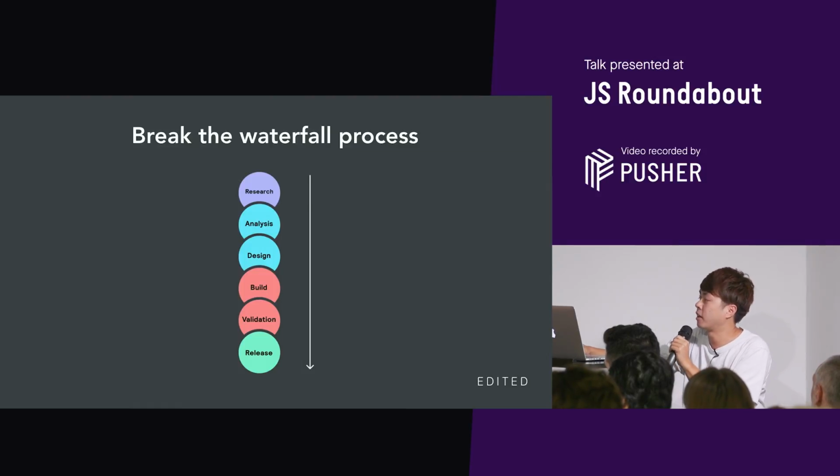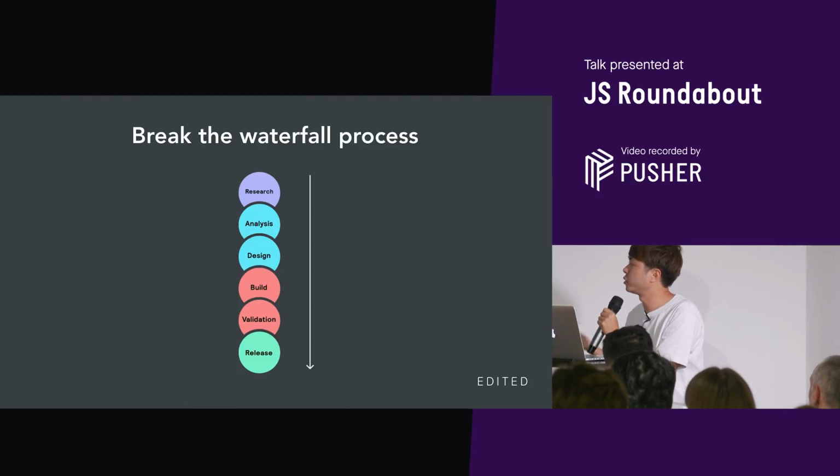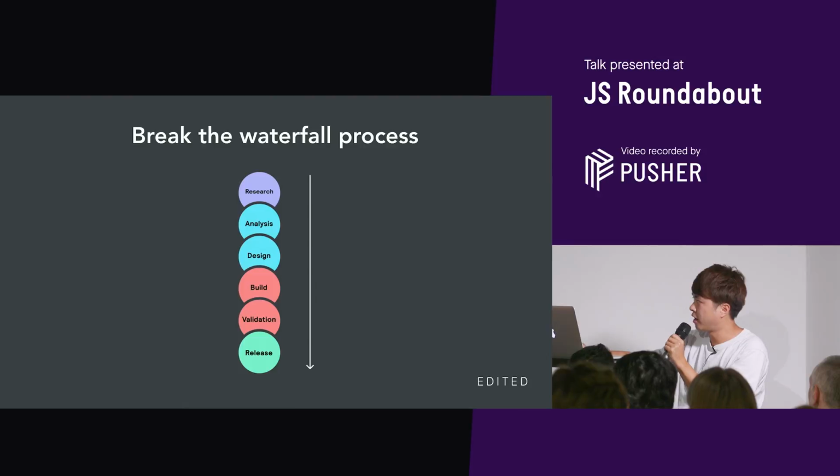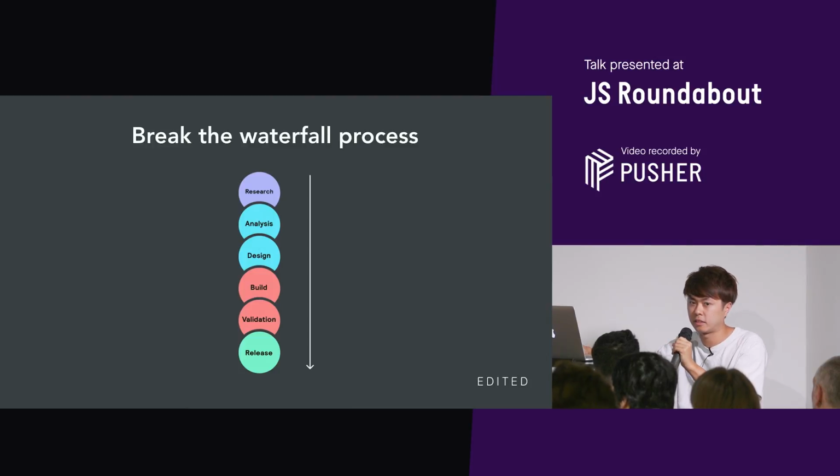What it means is the traditional product cycle: we first have a product owner do the research, then they do analysis, and then the designer does the UI design, thinks about the UX, and does a prototype, and then the engineer builds it, does validation and testing, and releases it.